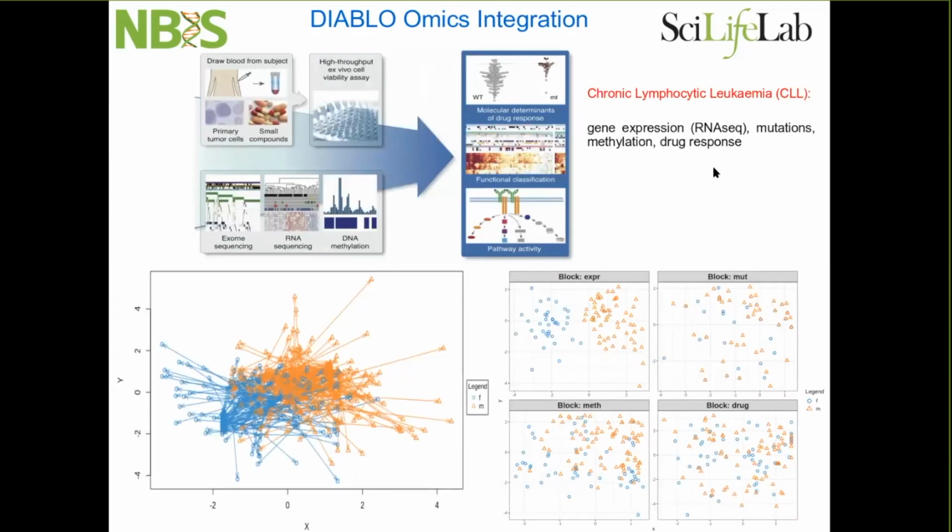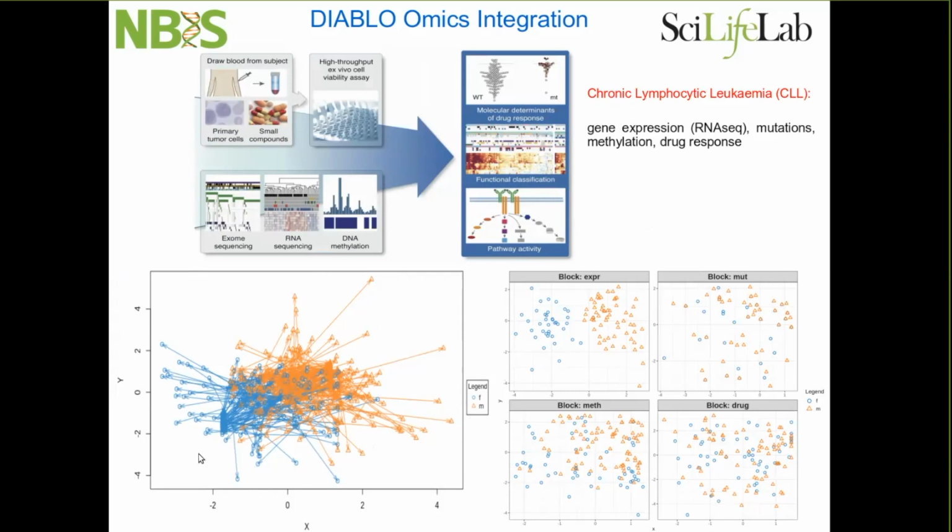Yes, so you will be doing this exercise using chronic lymphocytic leukemia cell data: gene expression, mutations, methylation, and drug response. There will be a reference to the publication for this data set. Essentially what you will learn during this exercise is how to apply Diablo and get this kind of consensus plot.